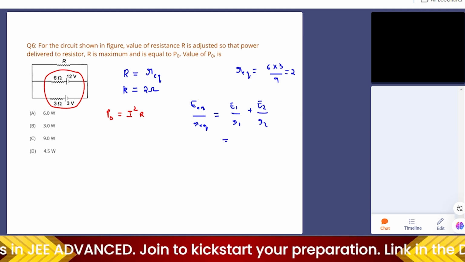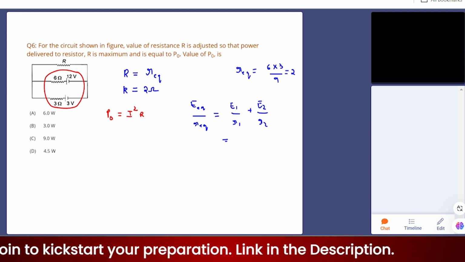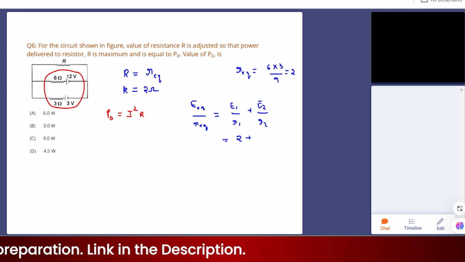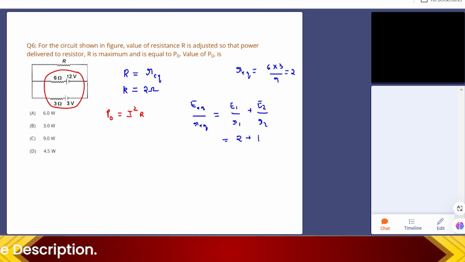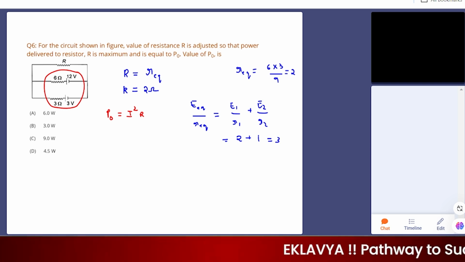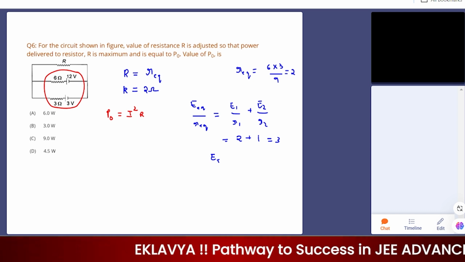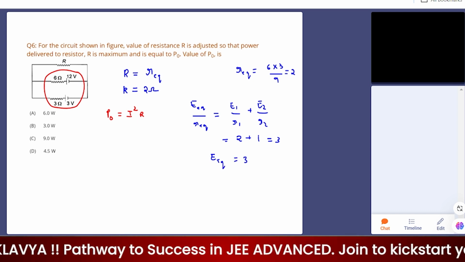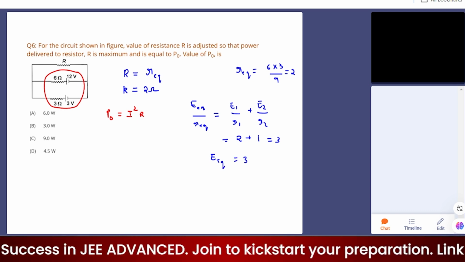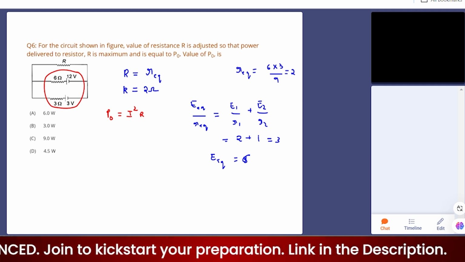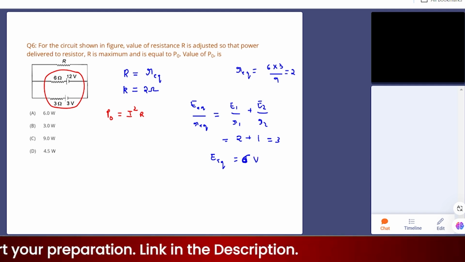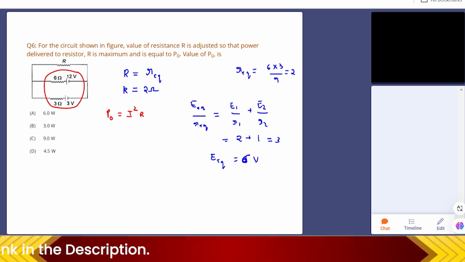So how much will this come? E1 by R1, I'll take E1 as 12, R1 as 6, so 12 by 6 that will be 2. E2 by R2 that will be 1, so total this will be 3. But R equivalent is 2, so sorry, 3 into 2, total E equivalent will be 6 volts.